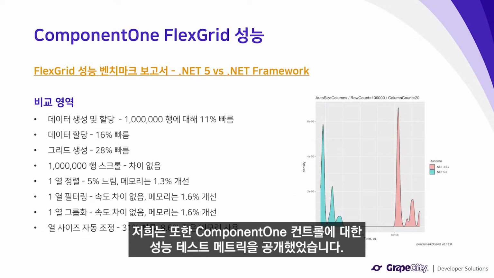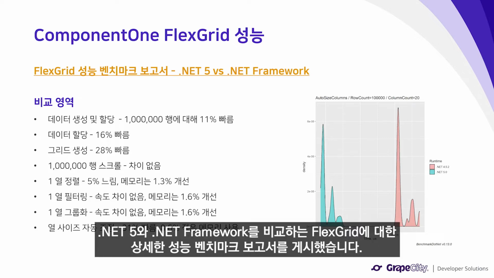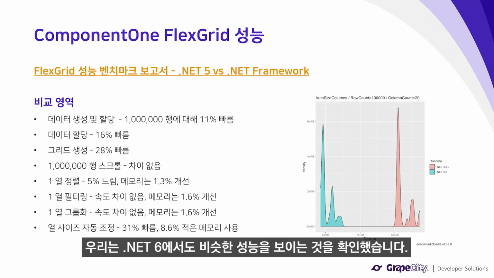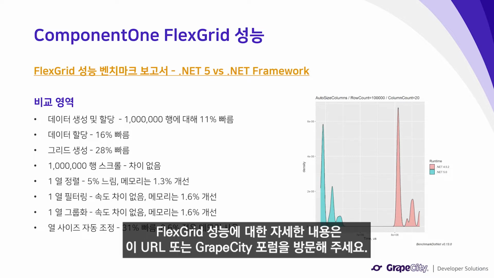We've also published some performance metrics on our end for the ComponentOne controls I wanted to share. So here we have published a very detailed report on the performance for FlexGrid and WinForms, comparing .NET 5 to .NET Framework. So we're seeing the same, if not better, performance in .NET 6, which is why I wanted to keep this now slightly outdated blog post in the limelight. For details, you can follow this URL or just go to the Grape City site and search for FlexGrid performance.